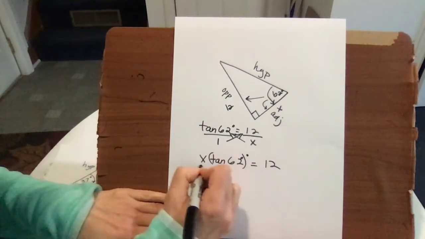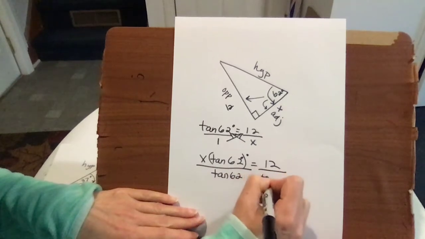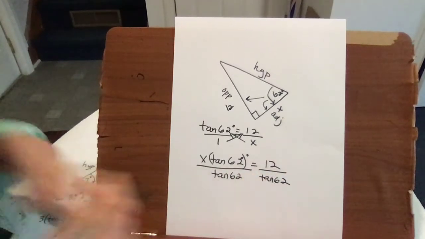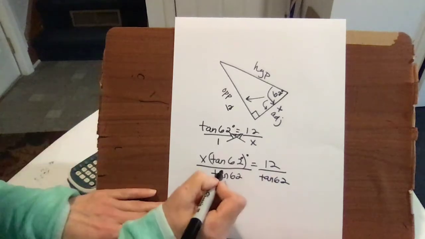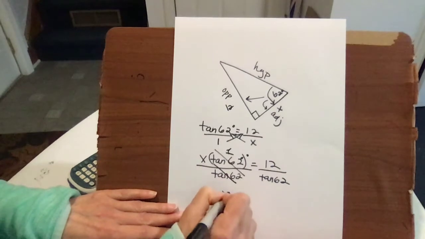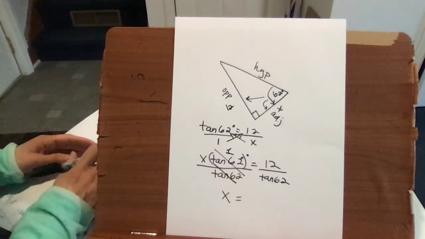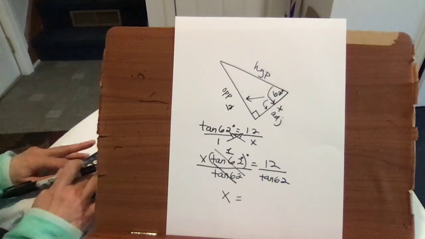Now tangent 62 degrees is just a number, so we divide by tangent of 62. We're not going to calculate it, round it, and then divide, because we're going to lose accuracy. Tangent of 62 divided by tangent of 62 is 1, leaving us with x equals 12 divided by tangent of 62.